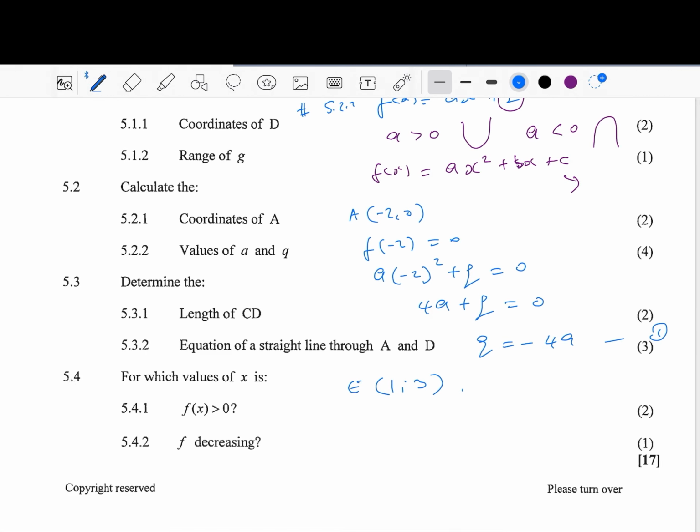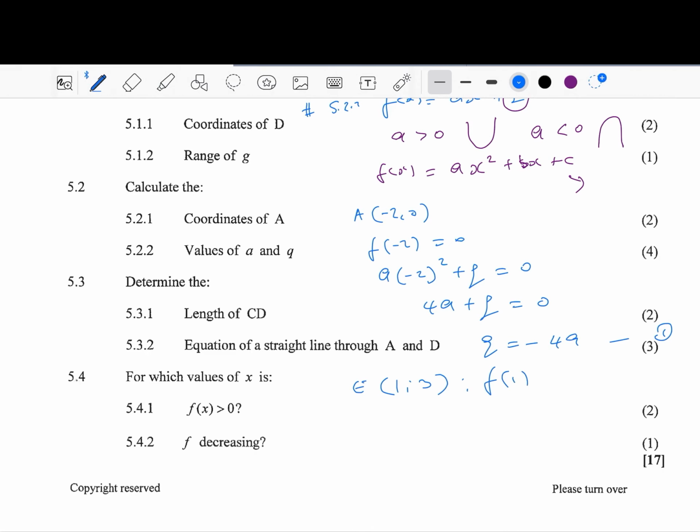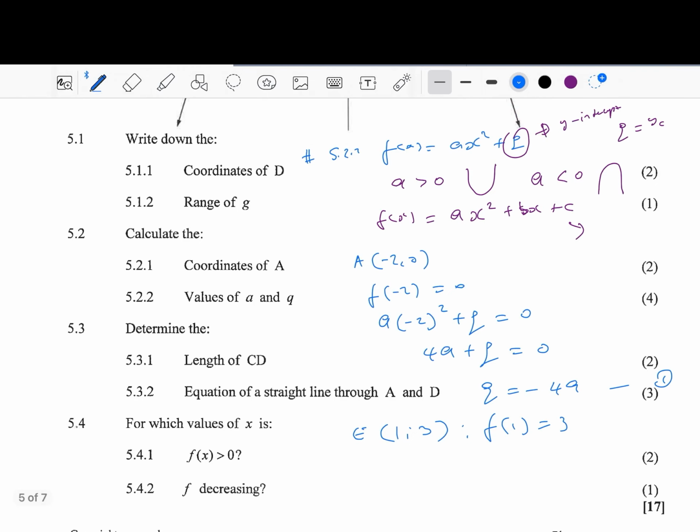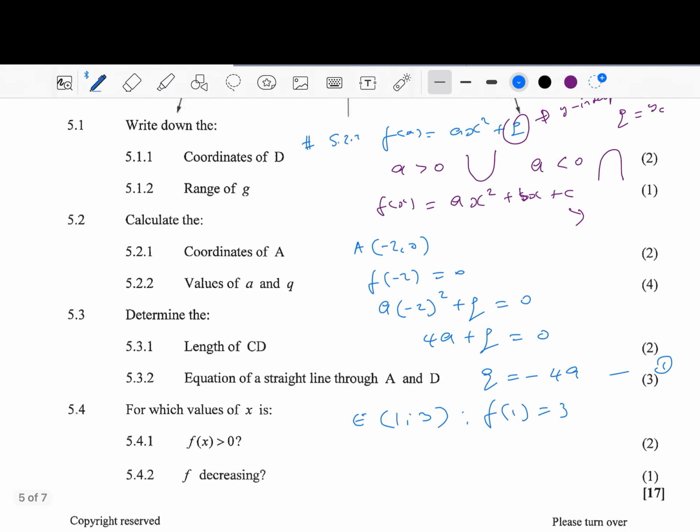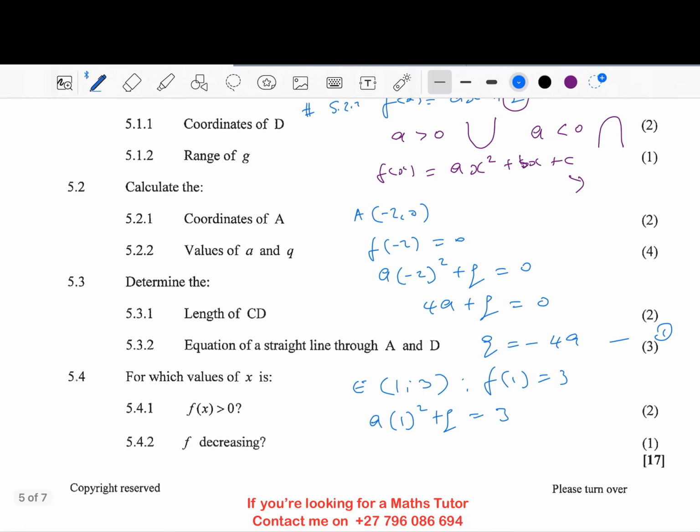So f of 1 is equal to 3. Where there's x, you put 1 squared, plus q is equal to 3. And 1 to the power 2 is 1, so a plus q is equal to 3. That's the second equation.